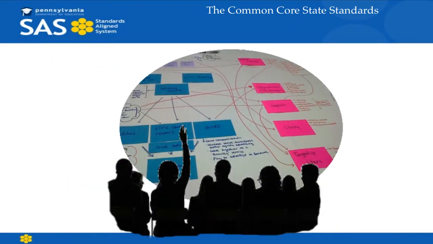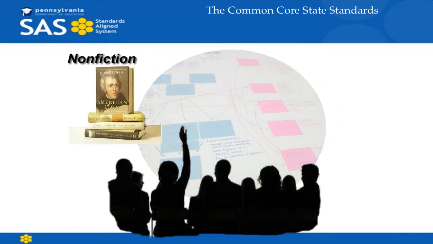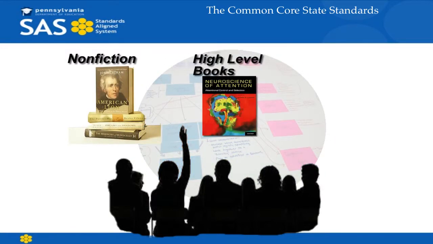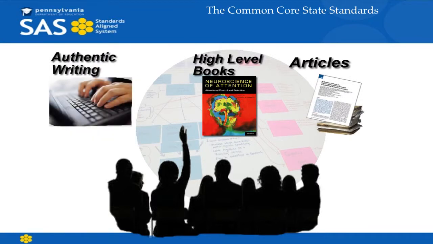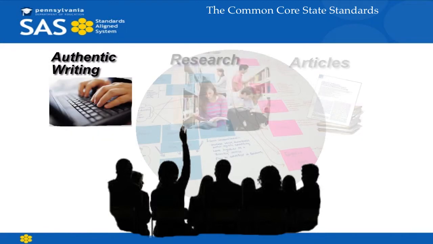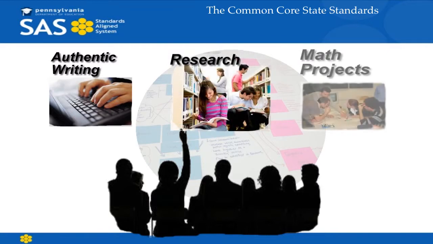The Common Core state standards demand that all students be engaged in more rigorous, complex thinking across subjects and grades. This means students reading more nonfiction, high-level books and articles, more in-depth authentic writing, research, and math projects that reflect real-life application.